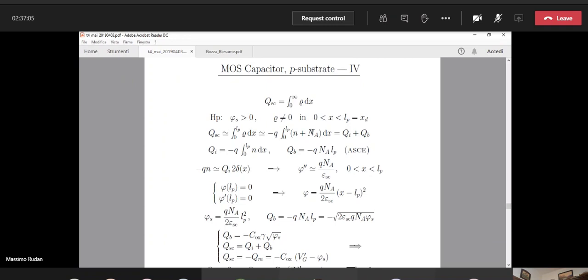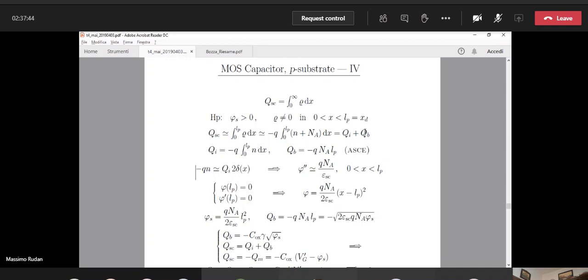Then we separate the integral, and we call QI, where I stands for inversion, the integral of minus Q n dx from 0 to LP, if non-zero. The other part of the integral, associated to Na, will be called QB. B stands for bulk. This is the bulk charge. Qi and Qb, of course, are charges per unit area.